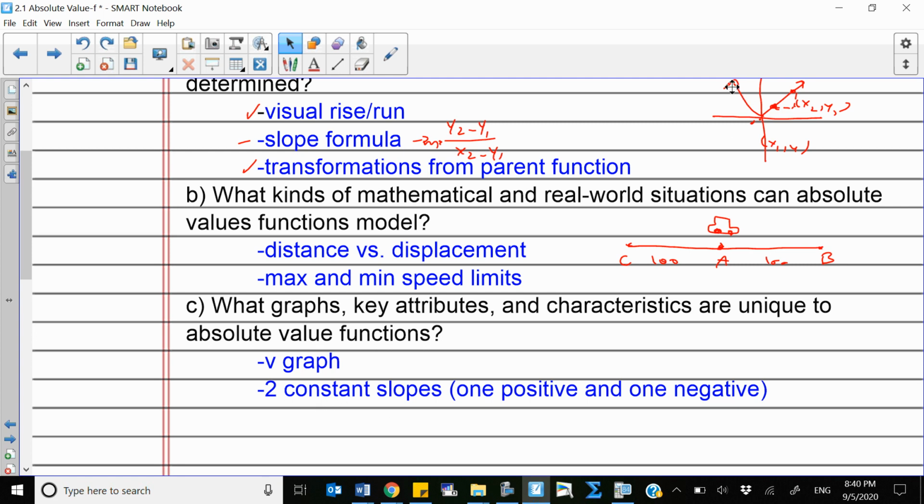As you look at the graph, like this example, we see that the two sides of the graph, there are two lines. They both have constant slopes, and one of them is positive. This one is positive, and this one on the left side is negative. So these are the two key attributes of absolute value functions.